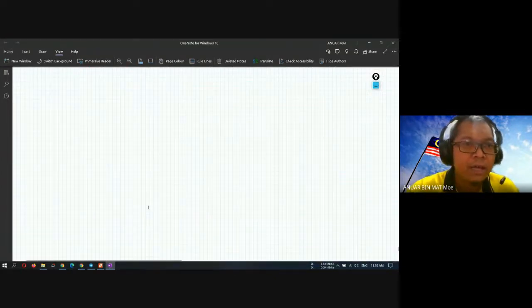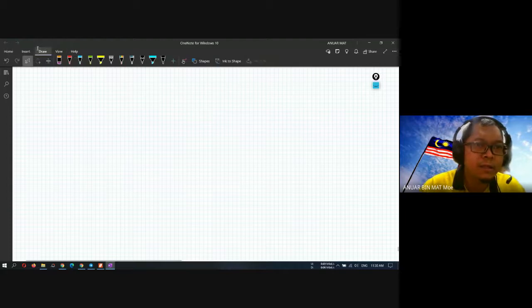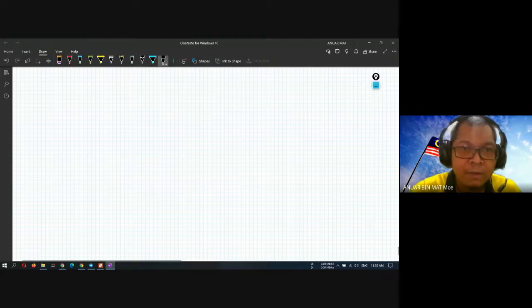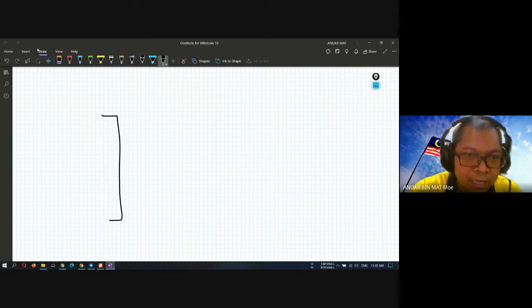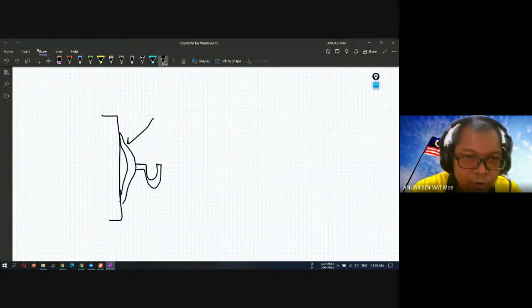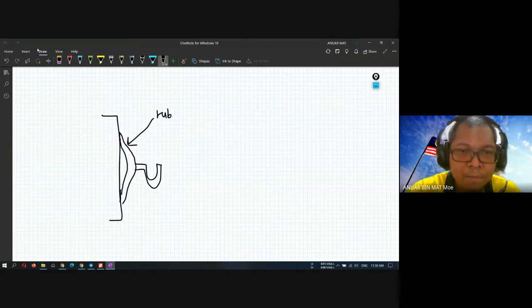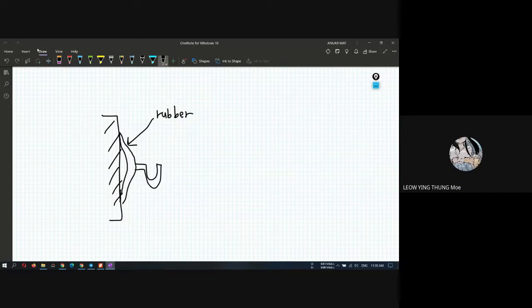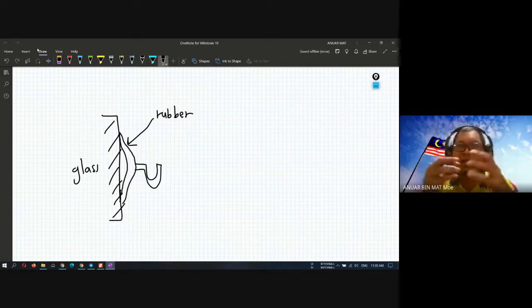If you have, for example, a glass wall over here, and then you have the rubber holder. We call it what? Made from rubber. Okay, this may be the glass. What do we call that? It looks like it sticks to the glass.